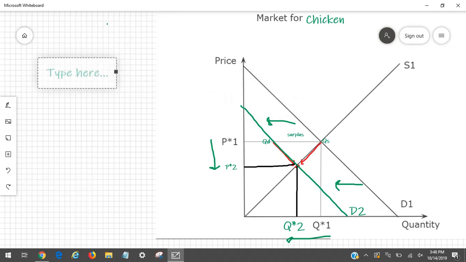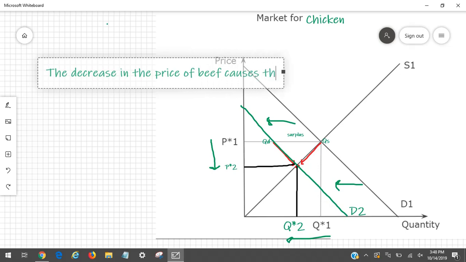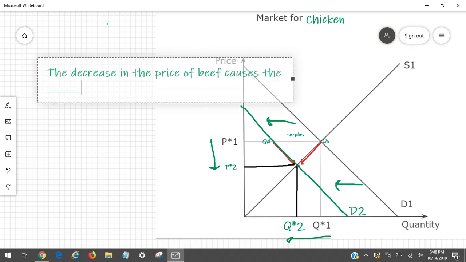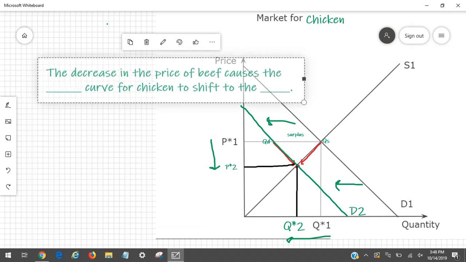I would say something like, the decrease in the price of beef causes the blank curve for chicken to shift to the blank. Something like that.